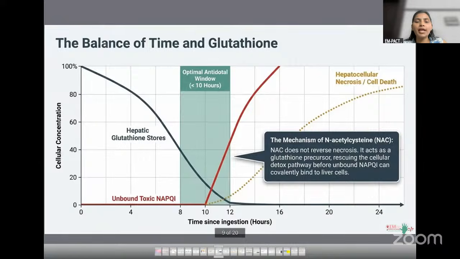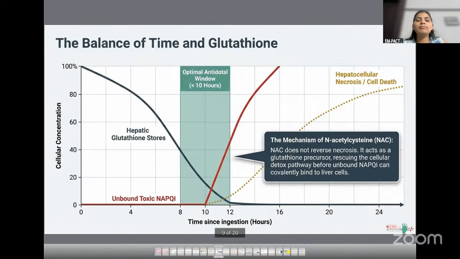I'm showing you this graph to understand the metabolism easily and the use of NAC. In this graph, the black line shows the hepatic glutathione stores. Initially that will be abundant, but as time progresses, that will get depleted, in toxicity I'm telling, okay.